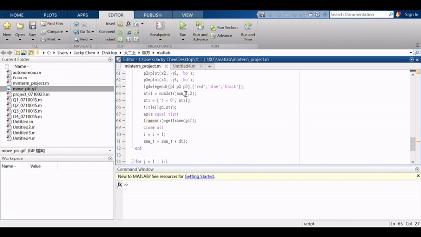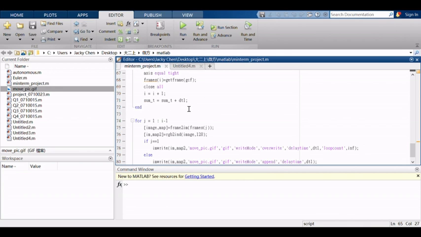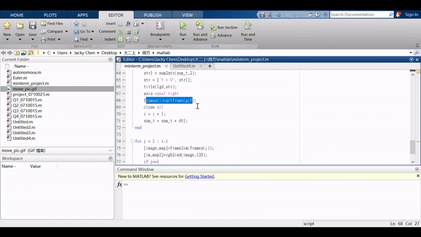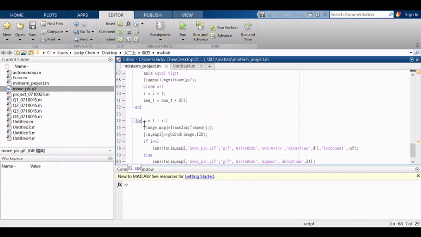And I have a string to see the time going, and I calculate the time, and we use the frame to see the animation of this ball. Okay, and we use this for j equal to 1 to i minus 1 and image. We change frame to image and change image to RGB.